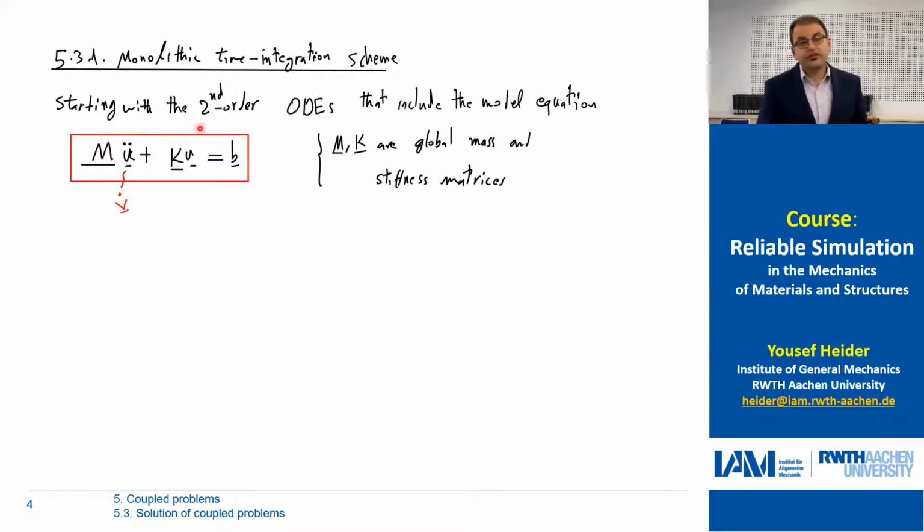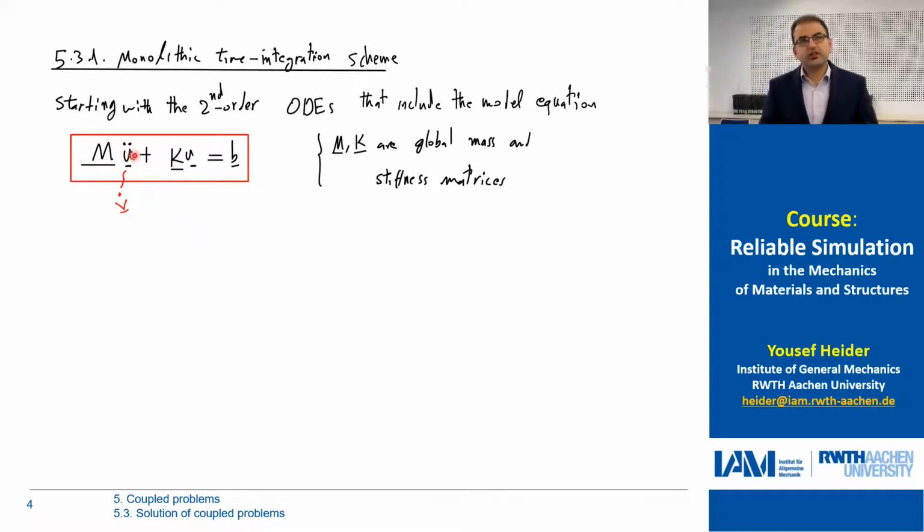So we ended up with second order ordinary differential equations, where we have the global mass matrix multiplied with the acceleration, which is the displacement with two time derivatives, plus the global stiffness matrix multiplied by the vector of unknowns, which includes the displacement of the individual masses.